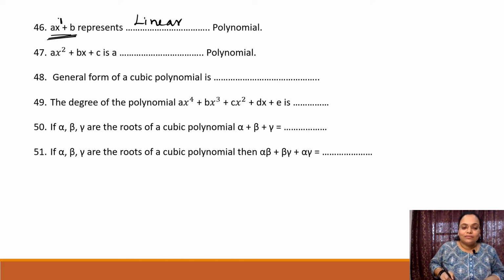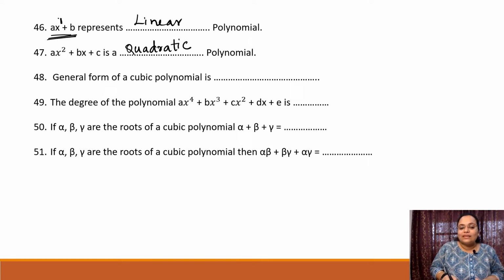And the next one, ax square plus bx plus c, is the general form of a quadratic polynomial because the highest degree of ax square, right? The first term is ax square and the highest degree is 2, which is your quadratic polynomial.